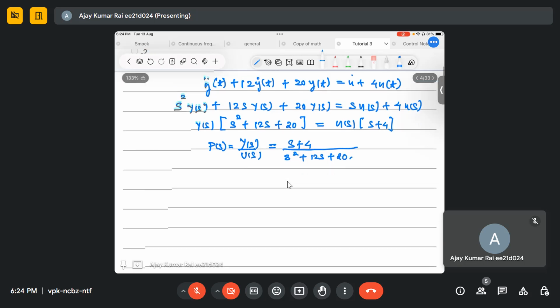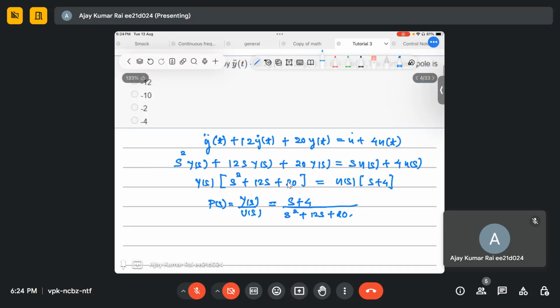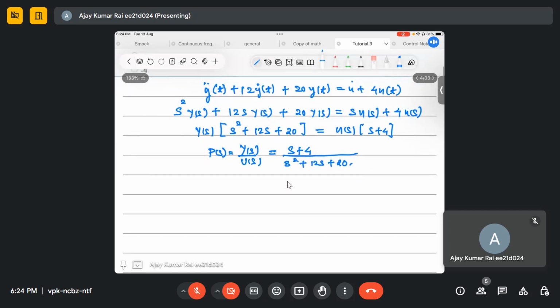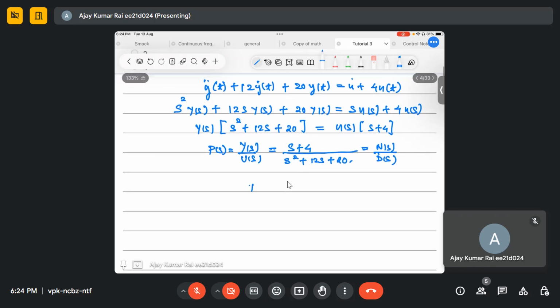Can you find the poles of this transfer function? This is your numerator and this is the denominator. How to find the poles? We put d of s equal to 0, right? So d of s is s squared plus 12s plus 20 equal to 0.